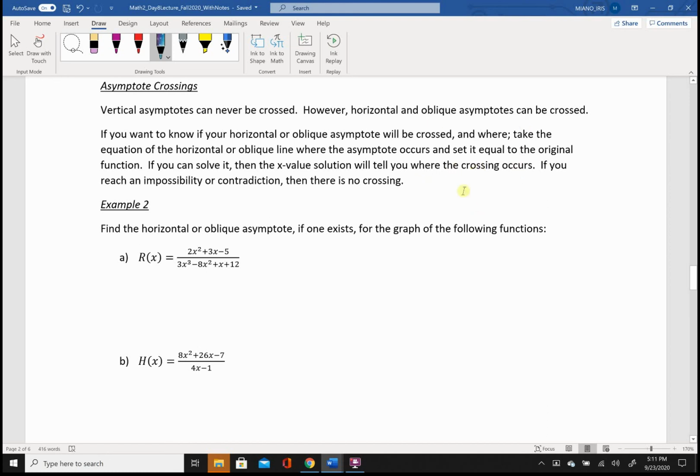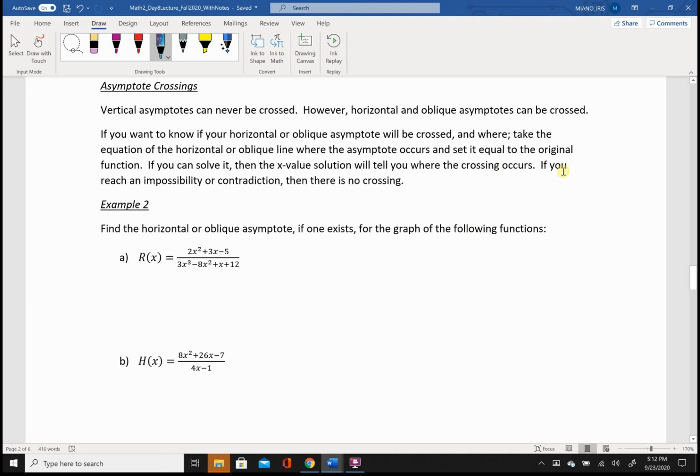You would set that oblique asymptote equal to your function and then solve it. And if you get an x value out of it, that is a solution, right? If you get x equals some number, well, that's going to be the point at which you have the crossing.